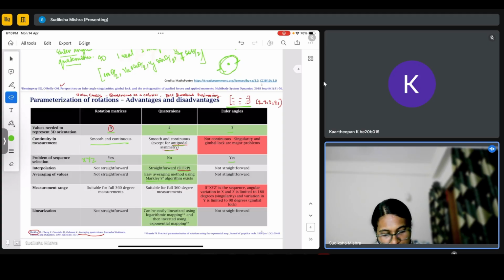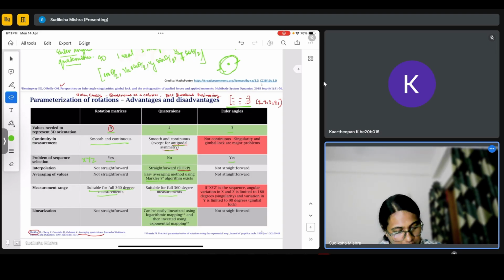In terms of the measurement angle, both quaternions and rotation matrices are suitable for measuring the whole 360-degree movement.